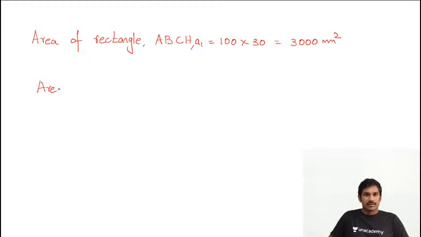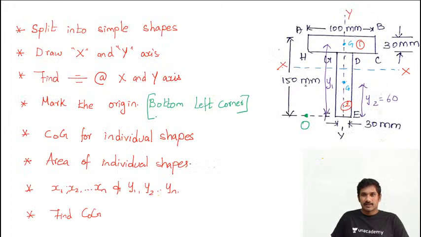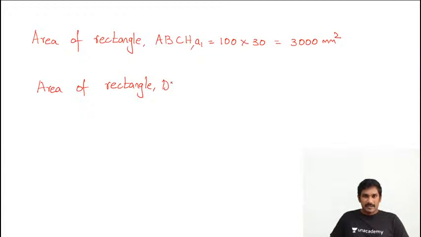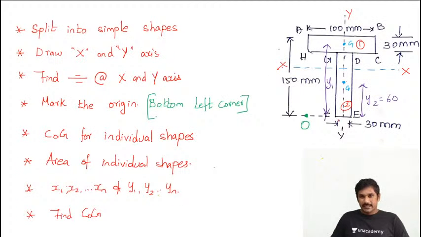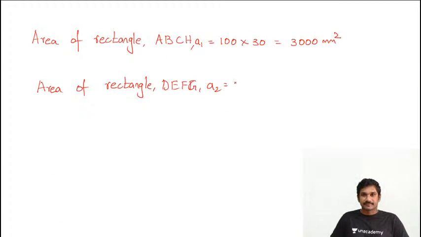Now the area of rectangle DEFG, A2, that is the second rectangle, where the dimensions are 30 and 120, is 3600 mm square.